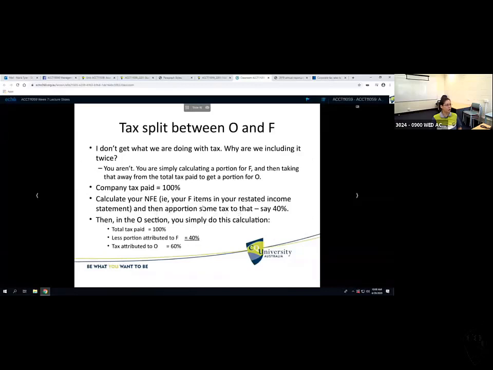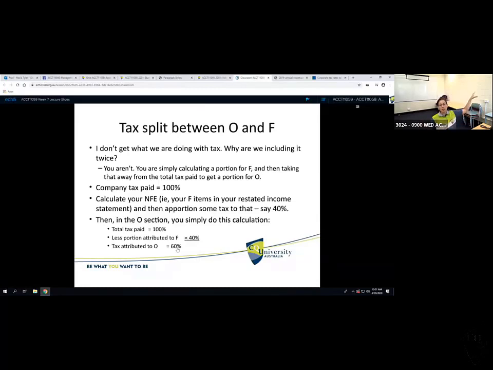So let's just assume that that calculation that we've just done, which I show you how to do in the video, so don't freak out, it's there step by step, comes to say 40%. Okay, so we've calculated a portion that's attributable to F of 40% of the 100%. Then in the O section above, all we're doing is taking that 40% away from the 100% that we've paid. So that what's left over in that section above is the remainder. So we're not including it twice.